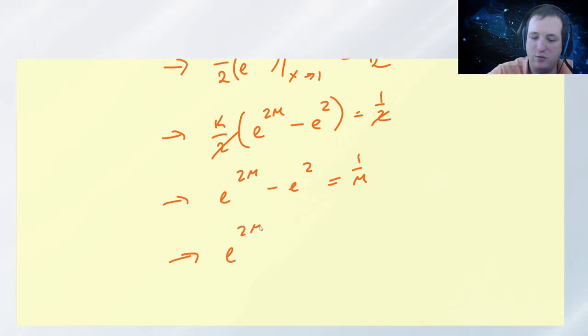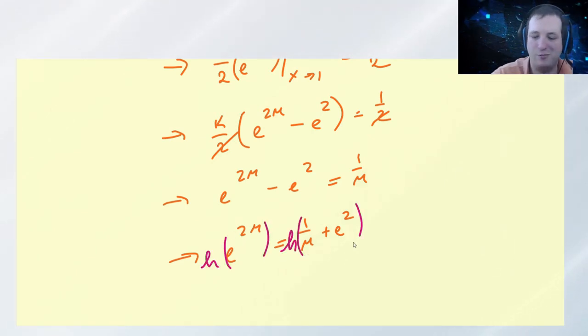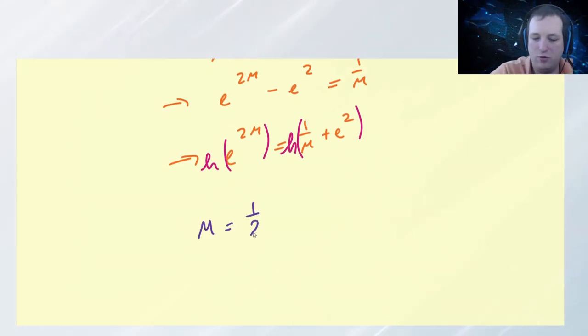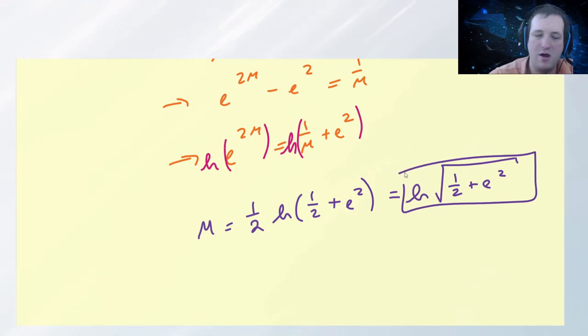So e to the 2m is equal to 1 over k plus e squared. And then I'm going to take the natural log of both sides of this equation, and then divide by 2. So m is going to be equal to 1/2 times the natural log of 1 over k plus e squared. And some people may write this as the natural log of the square root of 1 over k plus e squared. Those are, of course, the same exact things.